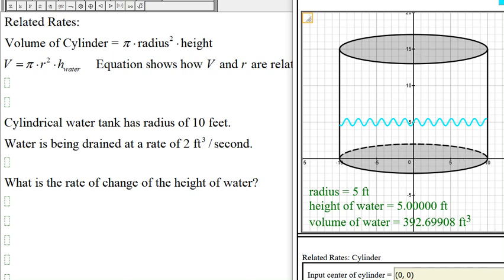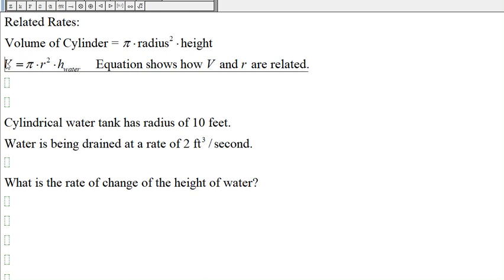But the height of the water is changing as water is coming out. The height of the cylinder is fixed, it's not changing, but the height of the water is changing as water is being drained out. And so we'd like to know what is the rate of change of the height.